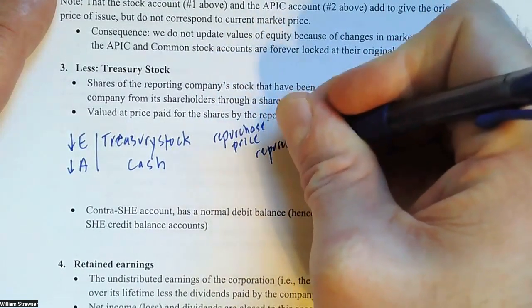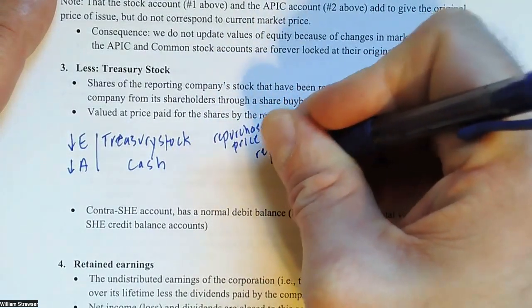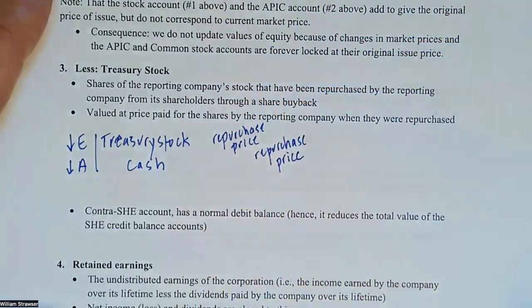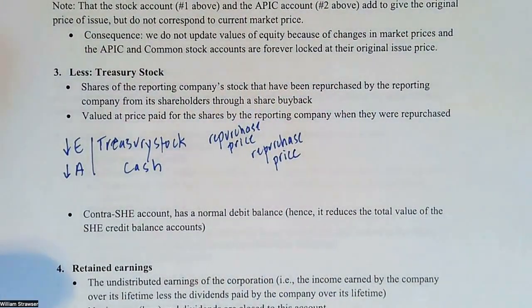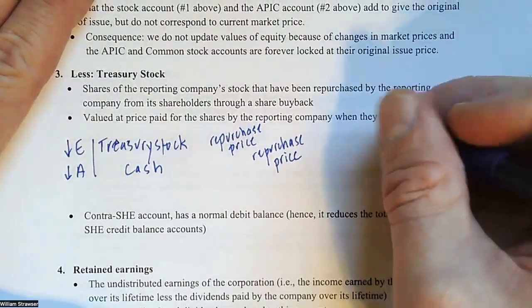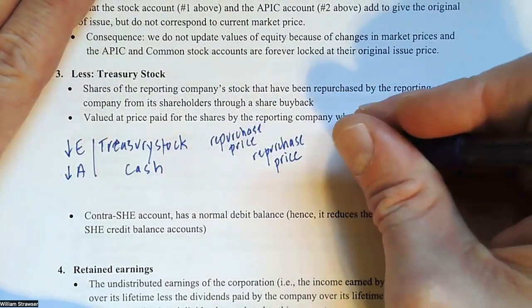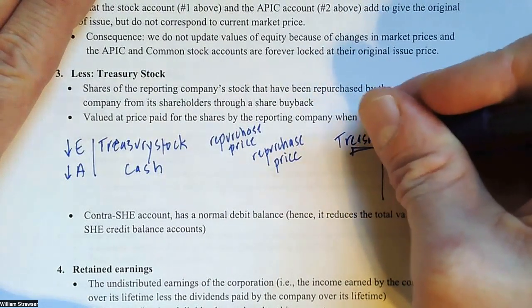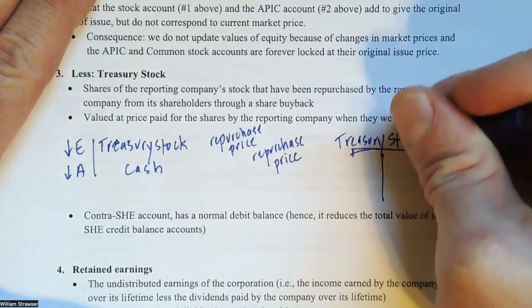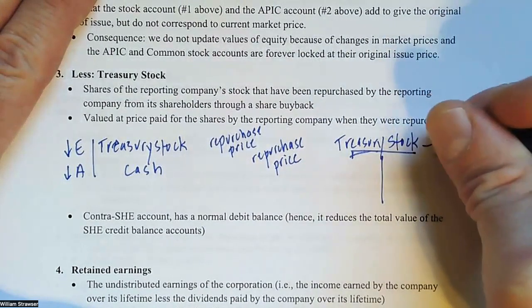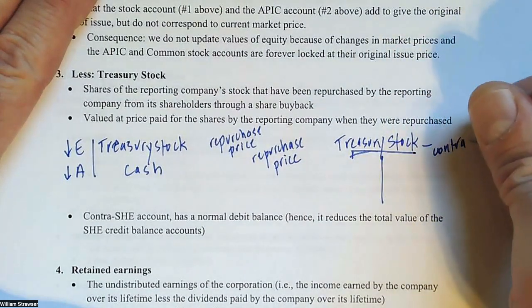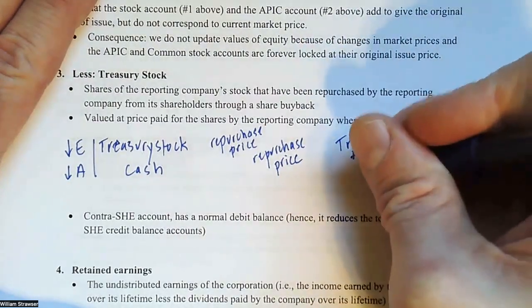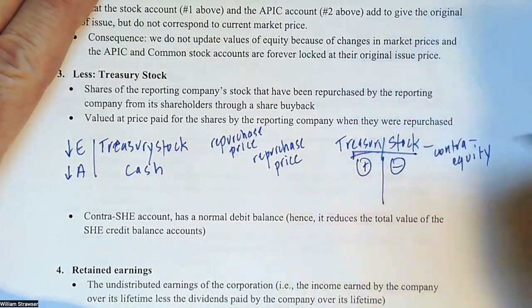So your instinct might have been, wait a minute, they're buying back stock. Shouldn't I be debiting the common stock account? I get that instinct, and it's not actually how we work it. Treasury stock is a contra equity account. So it reduces equity and is increased by debits.